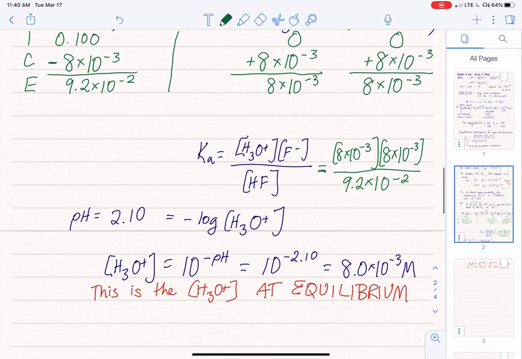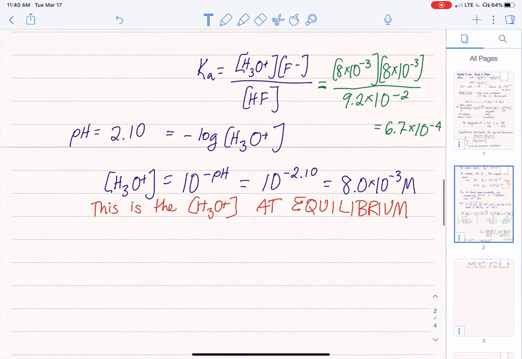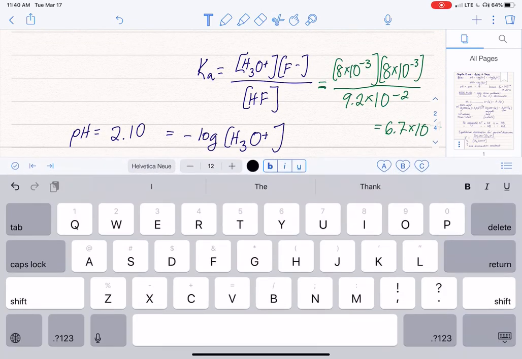That means, once I do all of that arithmetic, you can plug it into your calculator, that equals 6.7 times 10 to the minus 4. And that's the answer that I'm looking for, the Ka of HF.